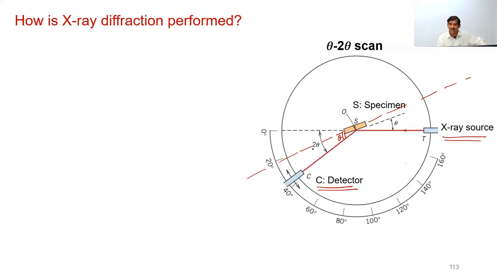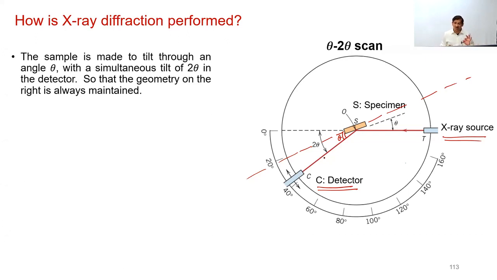And this 2 theta is known as the diffraction angle. That is the angle between the dotted line, which shows the X-ray beam had it traveled straight along the incoming direction through the specimen, and the diffracted beam. Let's not worry about that right now. Let us see how this actually works first.